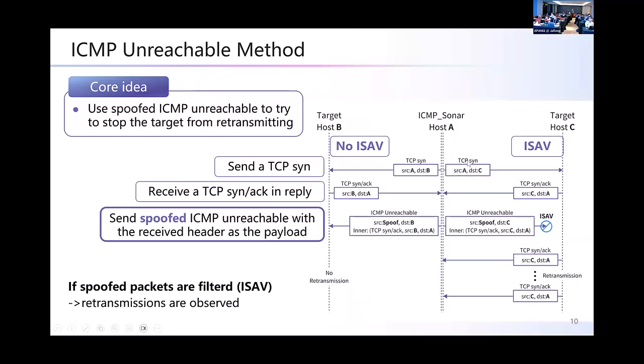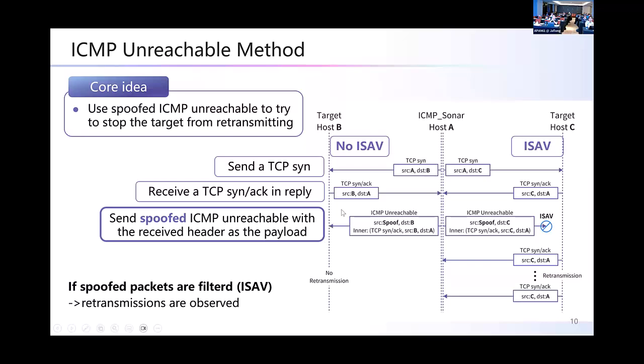First, we send a normal TCP SYN. They all receive this packet, and they will reply with an ACK. And then we send a spoofed packet. It's said to be unreachable if this network hasn't deployed ISV.